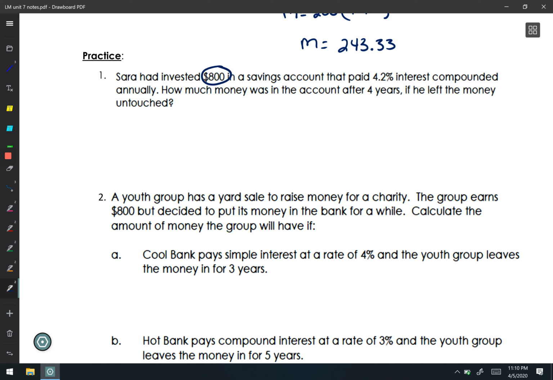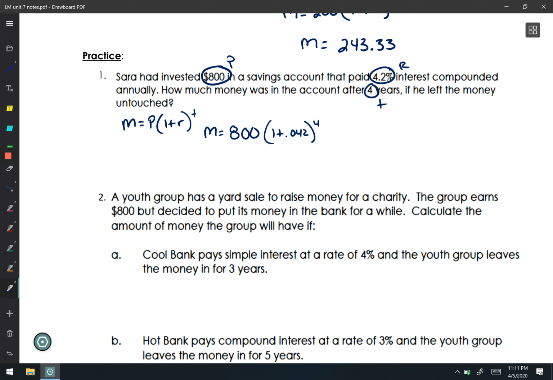Let's write our formula. $800 times 1 plus, convert that to 0.042, raised to 4 years.